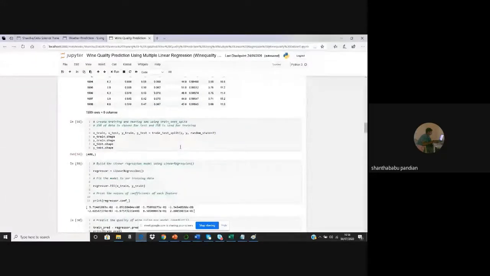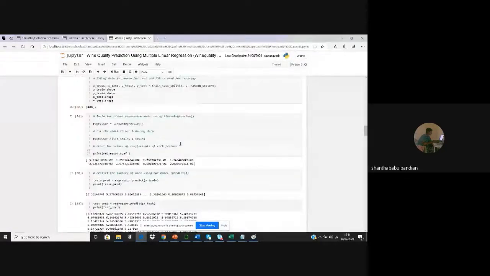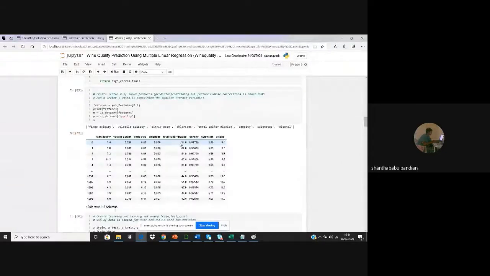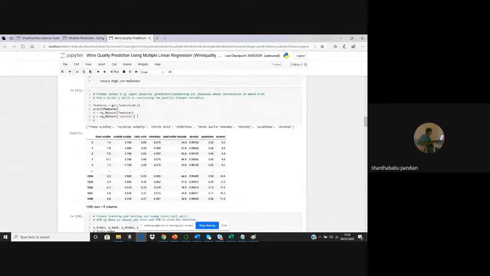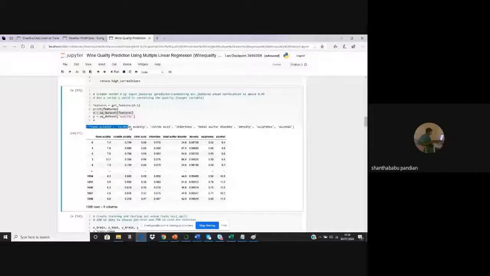Quality is going to be my dependent variable, and the set of other features is going to be my independent variables. I'm selecting fixed acidity and the other data points: 1, 2, 3, 4, 5, 6, 7, 8.